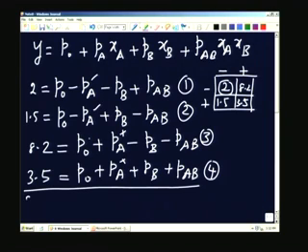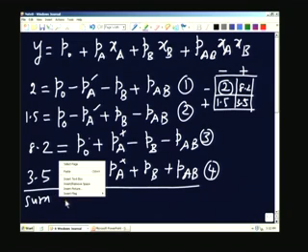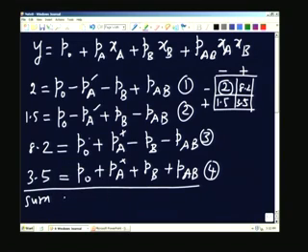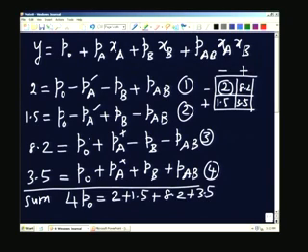So, the sum of the equations gives you 4 P naught equal to 2 plus 1.5 plus 8.2 plus 3.5, and this gives a value of P naught equal to 3.8.